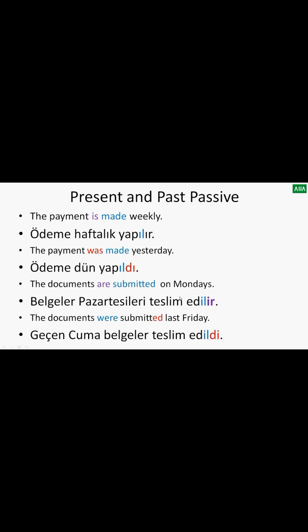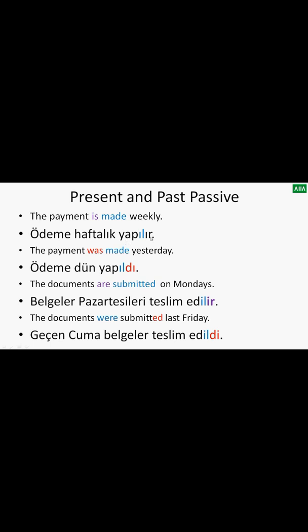All right, let's repeat one more time. Ödeme haftalık yapılır. Ödeme dün yapıldı. Belgeler pazartesileri teslim edilir. Geçen cuma belgeler teslim edildi. What you need to focus here is only look at the verb itself to see how we make passive voices in Turkish.